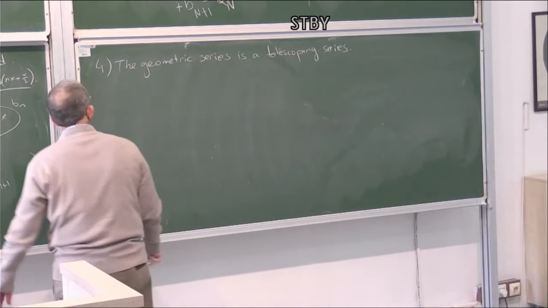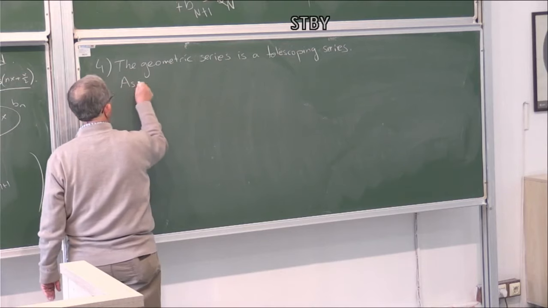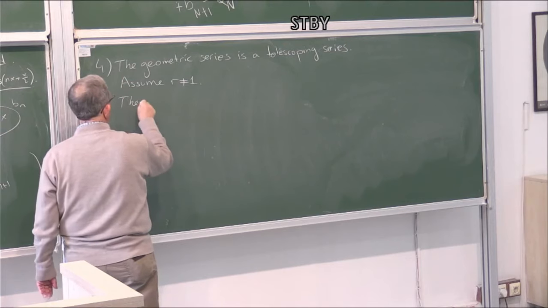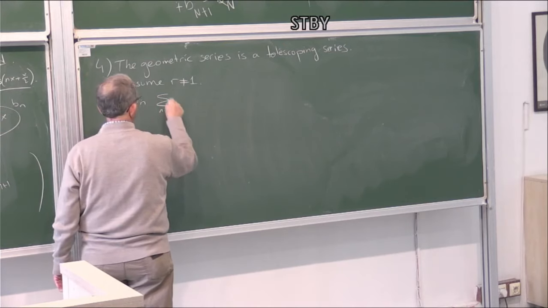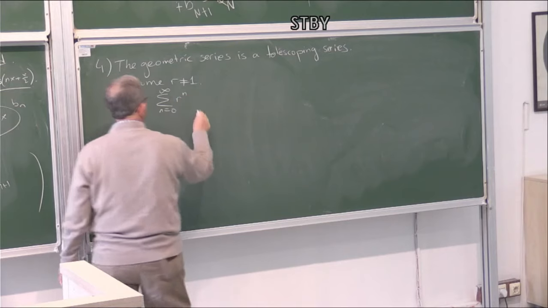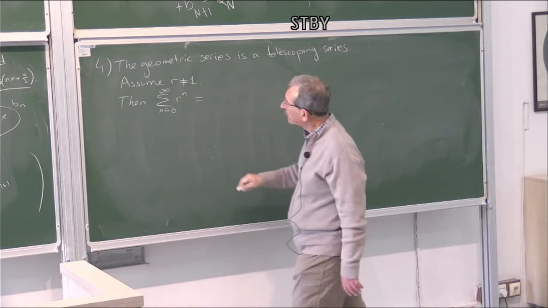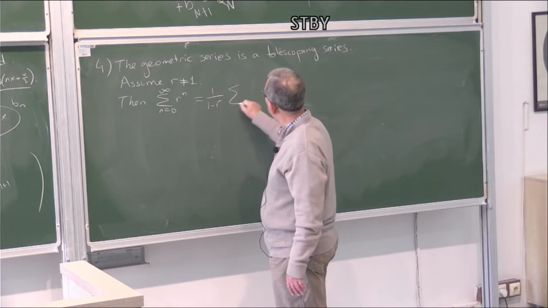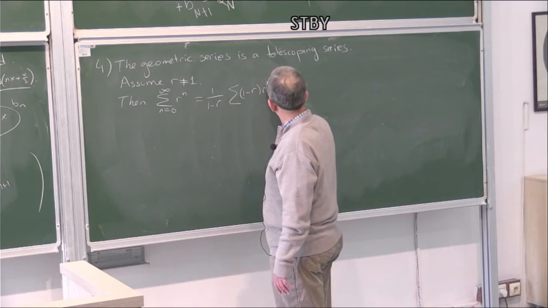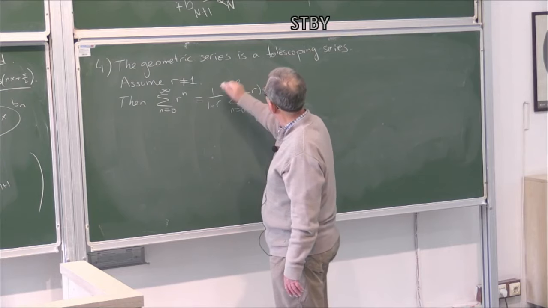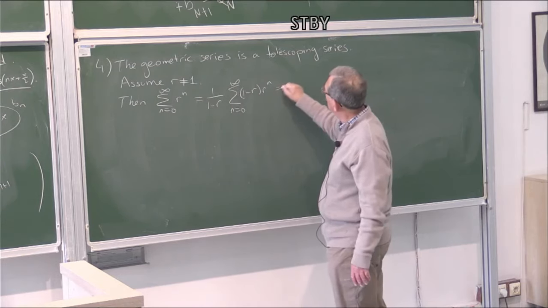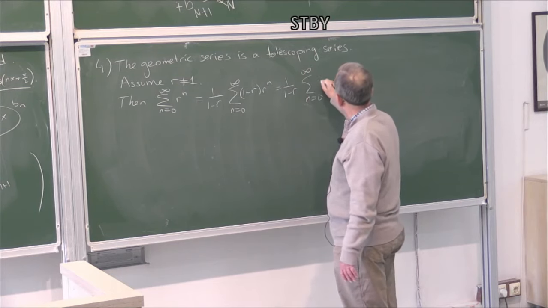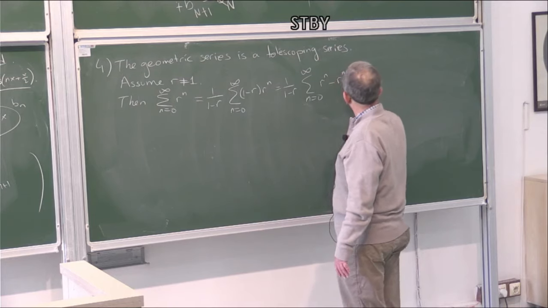Why? Well, assume as before r is not 1. Then if you consider the sum from 0 to infinity of r to the n, you can write it as 1 over 1 minus r, times the sum of r to the n minus r to the n plus 1.